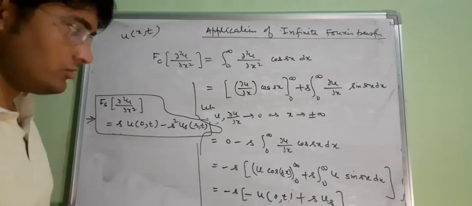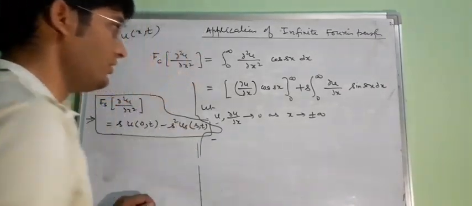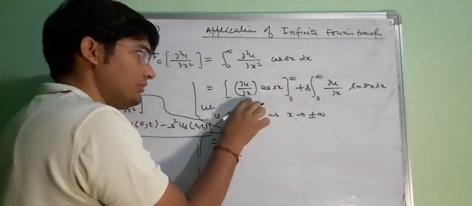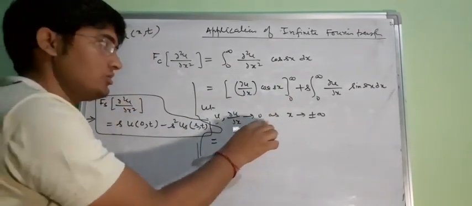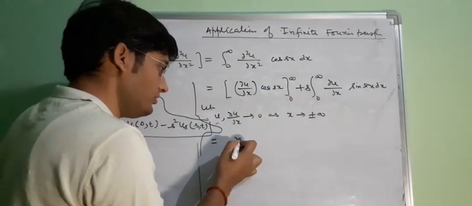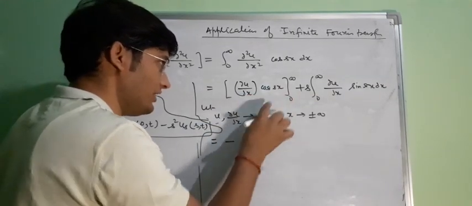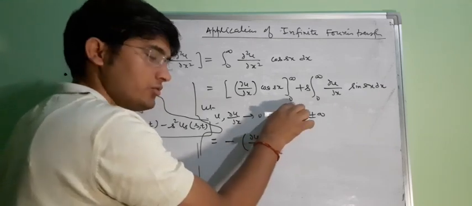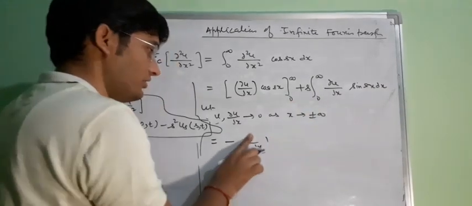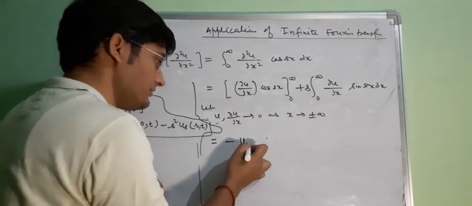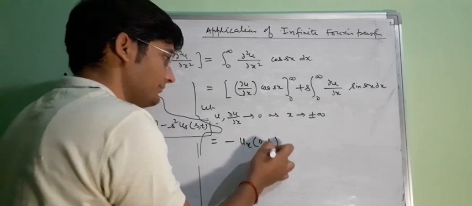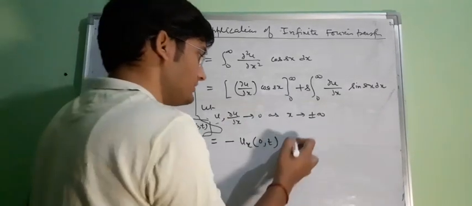You will see that the upper limit will be 0 because ∂u/∂x tends to 0, and for the lower limit this will be minus the value of ∂u/∂x at x equal to 0. That means ∂u/∂x can be written as uₓ, and this value at x equal to 0, that means (0,t). Then we have this plus sign.